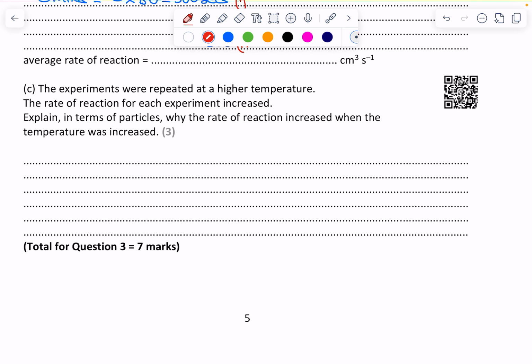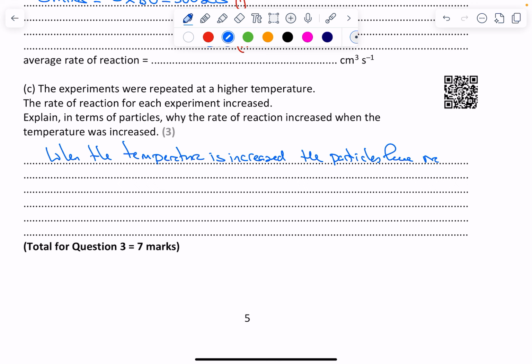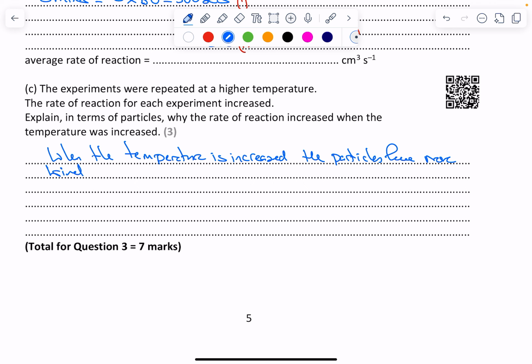It then says the experiments were repeated at high temperature, and the rate of reaction for each experiment increased. Explain in terms of particles why the rate of reaction increased when the temperature was increased. So what we need to do here is we need to say that when the temperature is increased, the particles have more kinetic energy, so they're going to move more.